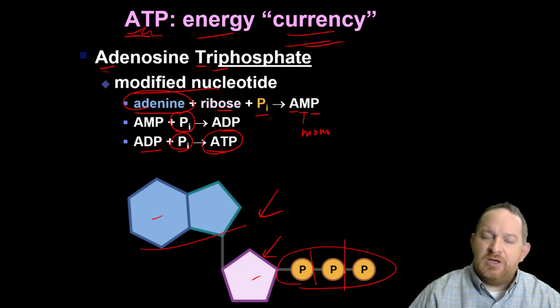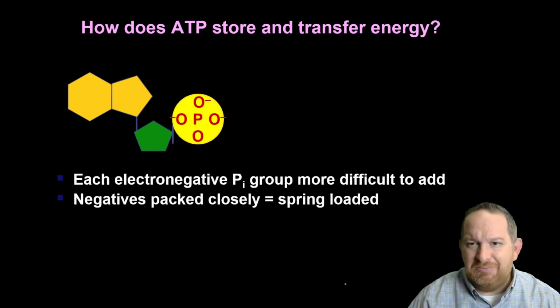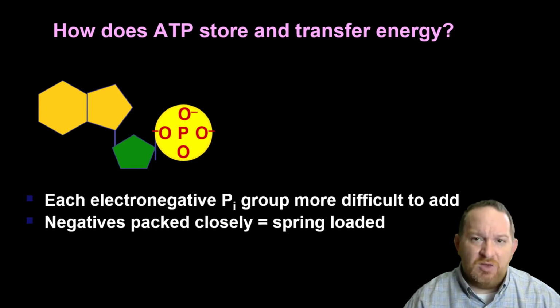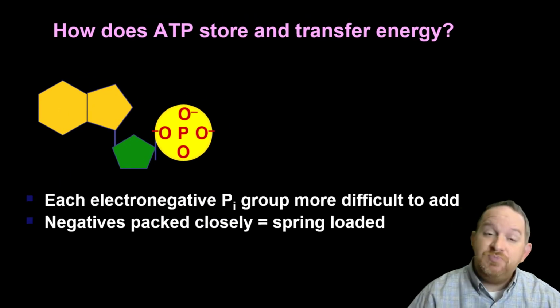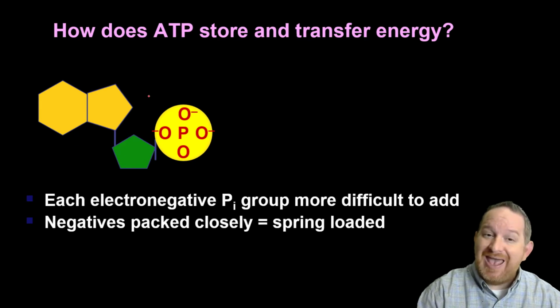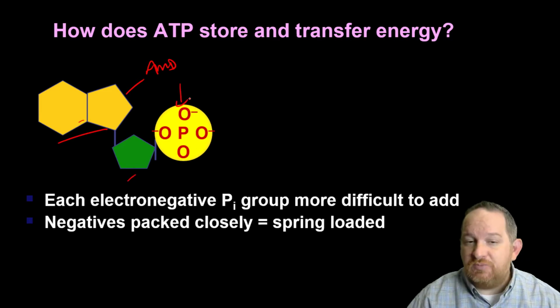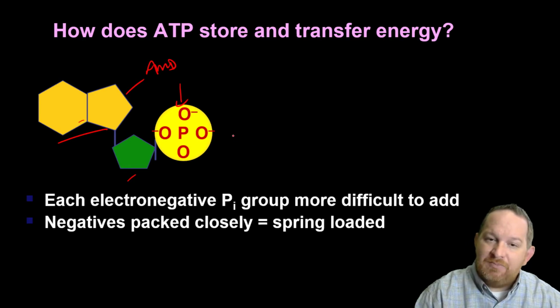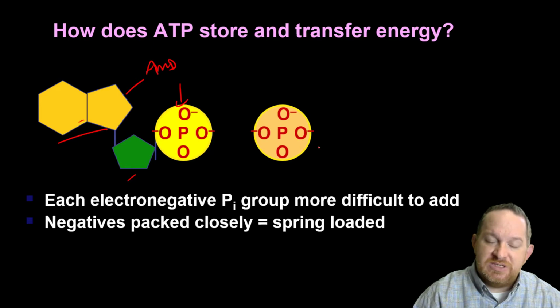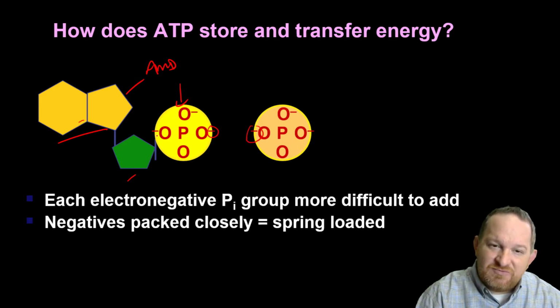So maybe you're asking, okay, ATP, it's our energy currency, but how does a molecule store energy? Well, take a look here. Here's AMP: there's our adenine, our ribose, and our one phosphate. How does it store energy? Well, every time we add a phosphate group to this molecule, you'll notice these negatives, right?